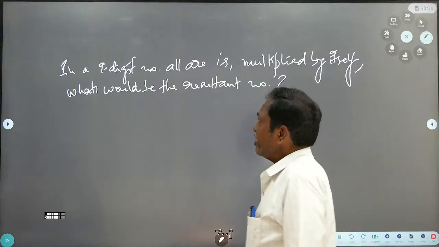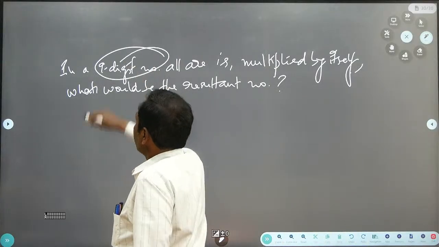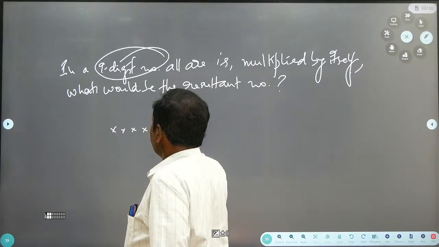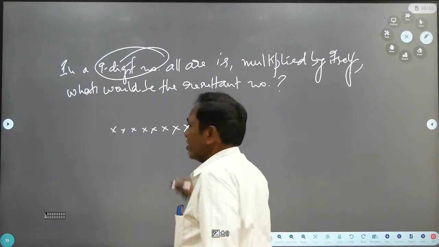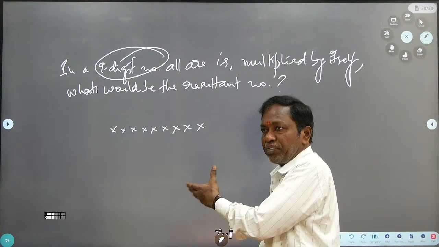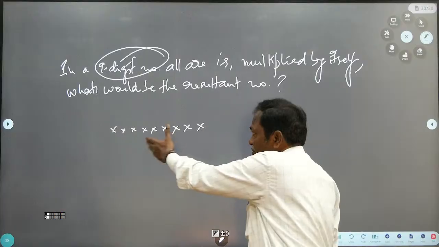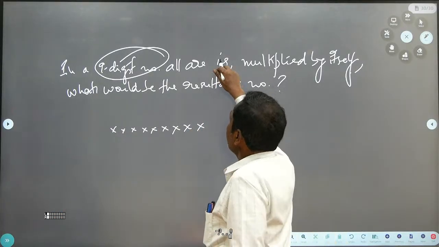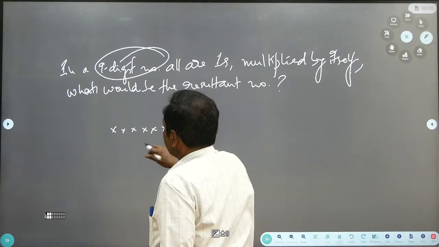How do you write a 9-digit number? 1, 2, 3, 4, 5, 6, 7, 8, 9. This is the cracking point. We don't know the digits, so you write it like this: all are ones.